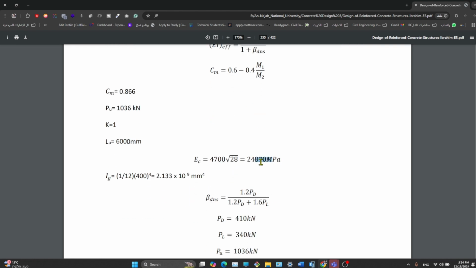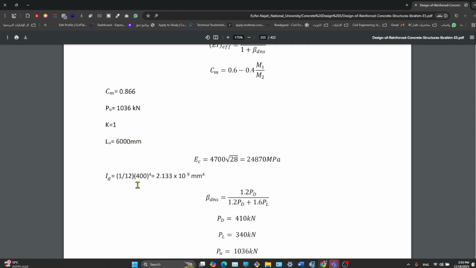EC, the concrete modulus, regarding the FC prime, which is 28, so EC is equal to 24870. IG, because we have a square section, is the moment of inertia.